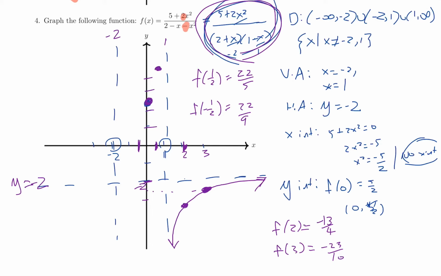When negative half, right here, it is 22 over 9. 22 over 9 is about 2 point some number. So let's just say ballpark somewhere here. But now we have to see if 22 over 9 is bigger than this value right here, which was, where's the y-intercept? 5 over 2.